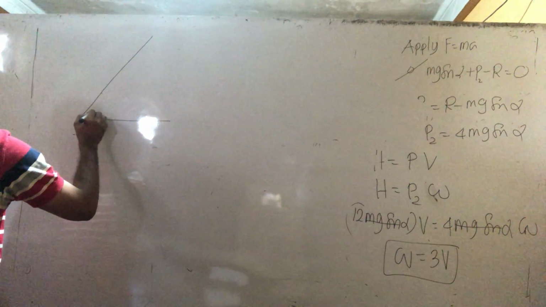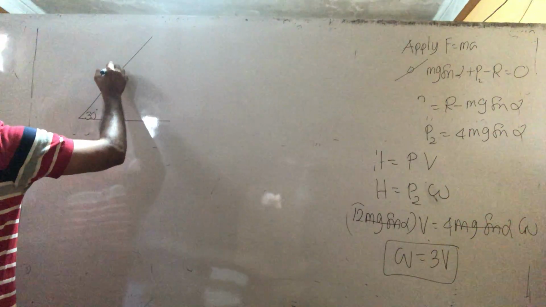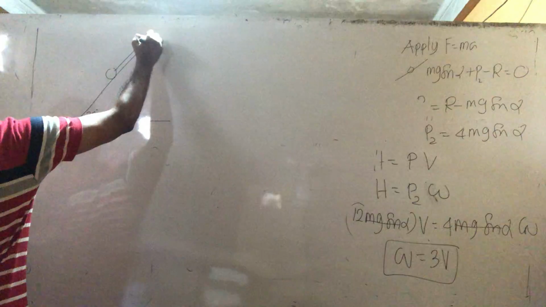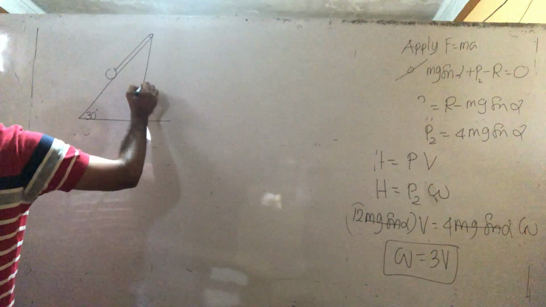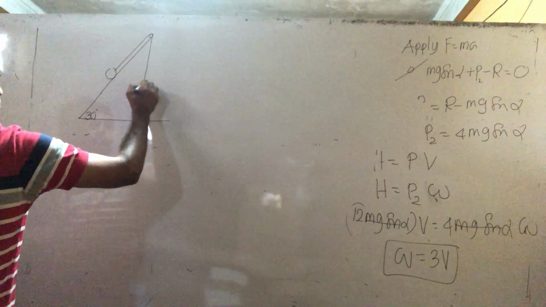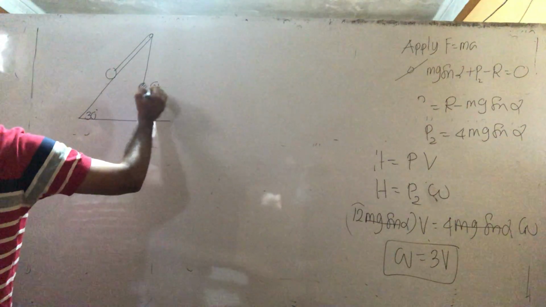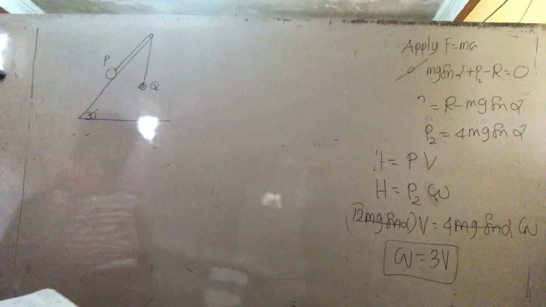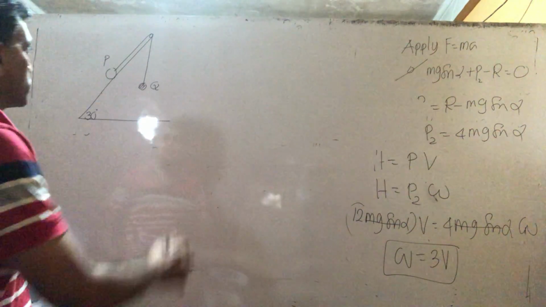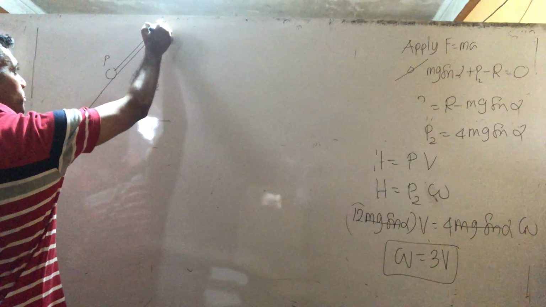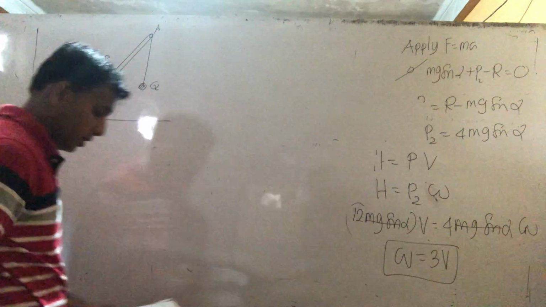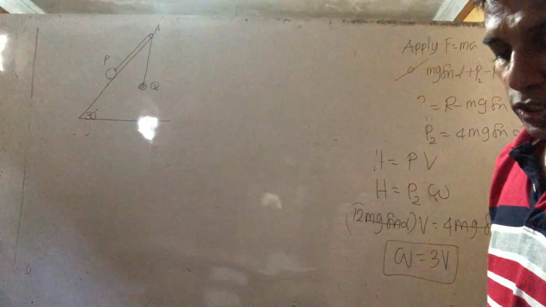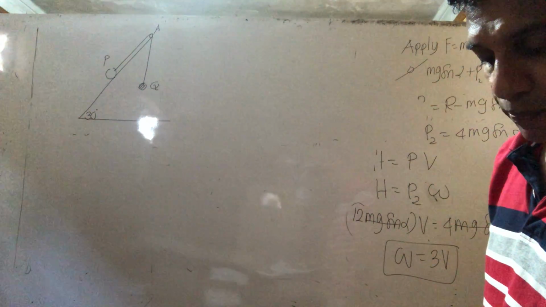A 30 degree inclined plane. A particle here is attached by a string like this; this is Q of mass Km, this is P of mass M. In the diagram, PAQ is a light inextensible string over a small pulley at A, attached to a particle of mass M kilogram.